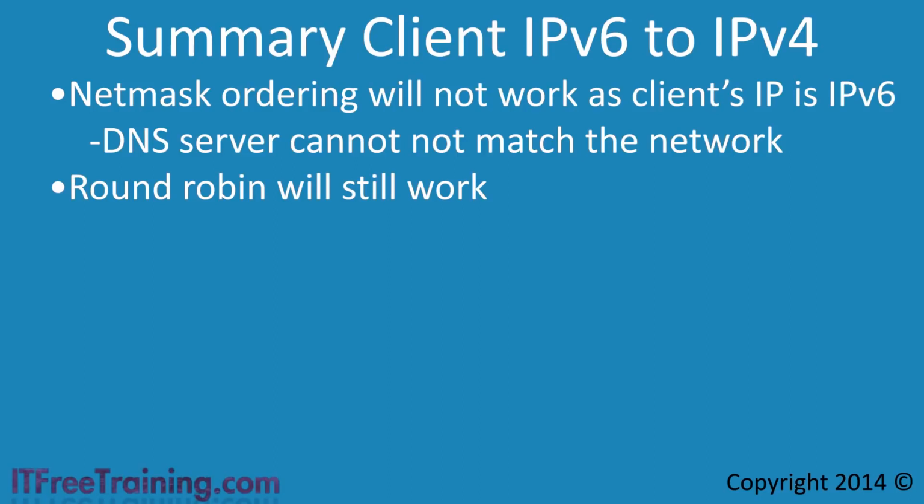This is because the DNS server will look at the client IP and will not be able to match the network. Effectively, since the client is using an IP6 address to contact the DNS server, it cannot determine which IP4 network the client came from. For this reason, Netmask Ordering will effectively be disabled, and only Round Robin will work if it is enabled.